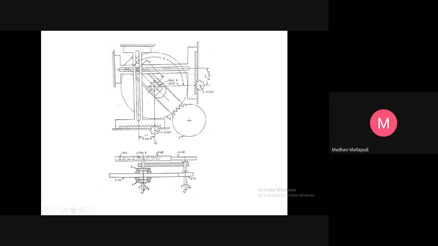You can see the output as x is equal to r cos theta in horizontal position and y is equal to r sin theta for a vertical position. So there are two outputs for one input. The input is the rotation of gear B. So how do you obtain the rotation of gear B? Maintaining R as constant. That's the working principle of this particular mechanism.